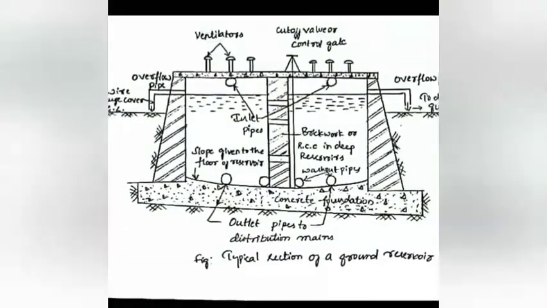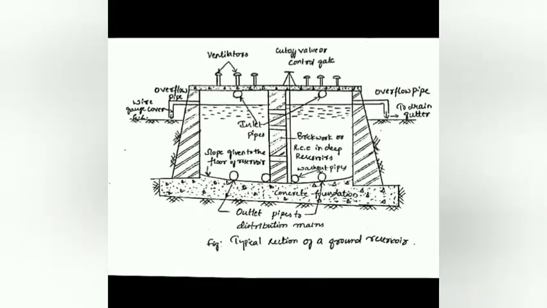This is the diagram which we are using for understanding the ground reservoir. This is a typical section of a ground reservoir. As we told, this is one chamber and this is another chamber which will be provided. Here we can see the first one, the overflow pipe. When the water level exceeds a certain maximum level, water will come out of the overflow pipe.